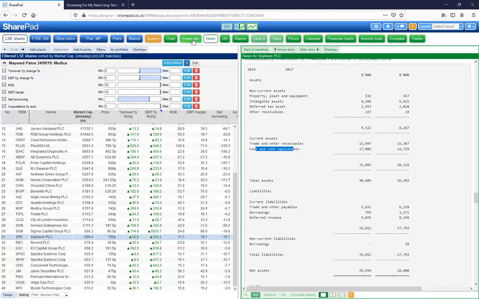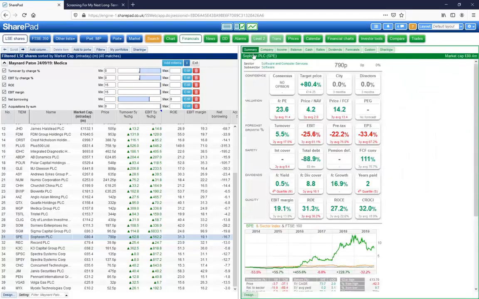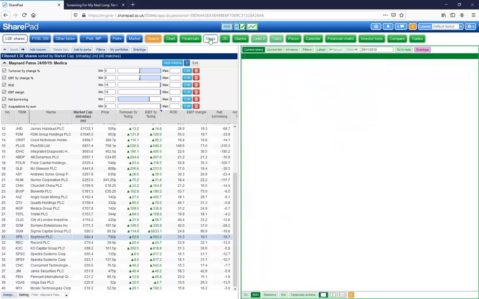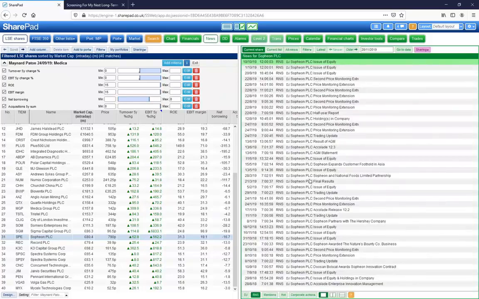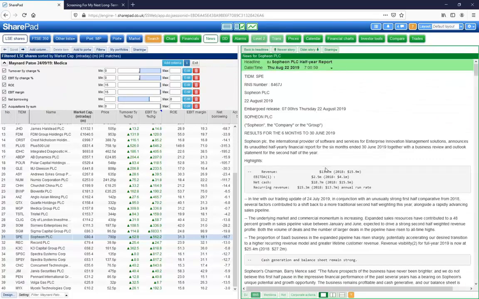The real issue here with this company is what is happening with these forecasts. So we need to look at the news, and we can look for the 22nd of August, which is the half year results. So what happened? Revenue's down 2 million, and EBITDA is down a little bit.